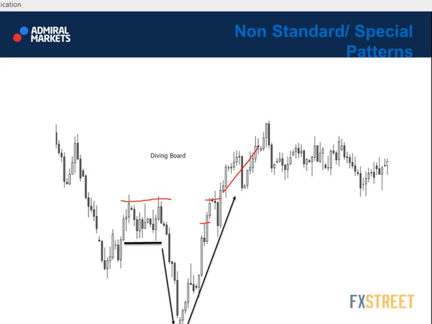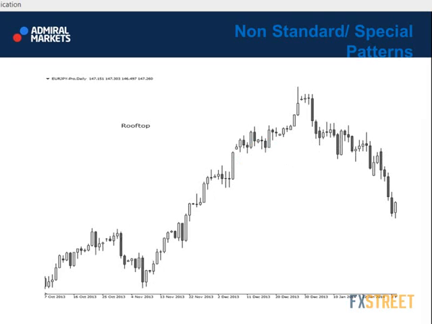Now let's see another pattern, and that will definitely be the last pattern for this day. It's called the rooftop. I like this pattern because it always shows near the tops. It normally has the name rooftop for a reason.